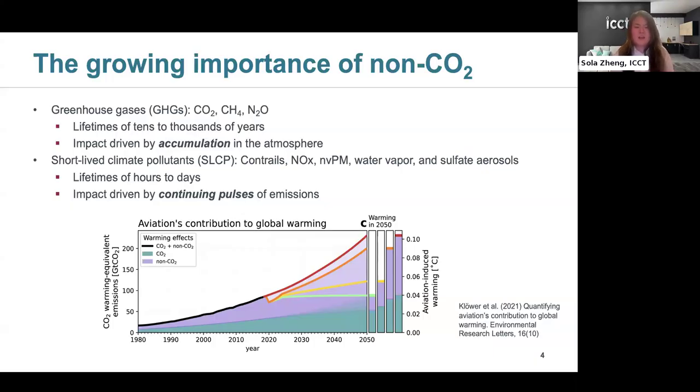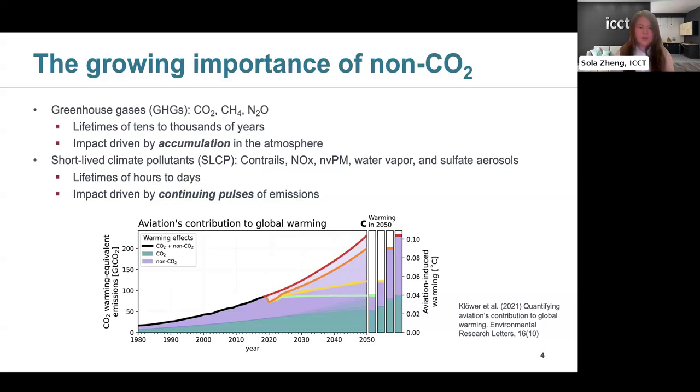But in contrast, there are a variety of short-lived climate pollutants from aviation, notably contrails and nitrogen oxides. They only last hours to days in the atmosphere, which means once you're able to reduce the emissions of these pollutants, the warming impacts of them also will stop pretty instantly.